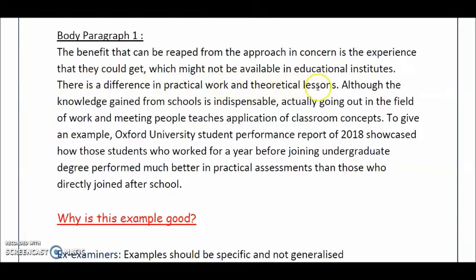So let's look at our explanation. There is a difference in practical work and theoretical lessons. Although the knowledge gained from schools is indispensable, actually going out in the field of work and meeting people teaches application of classroom concepts. Here we are talking about the keyword: work for a year between high school and university studies.